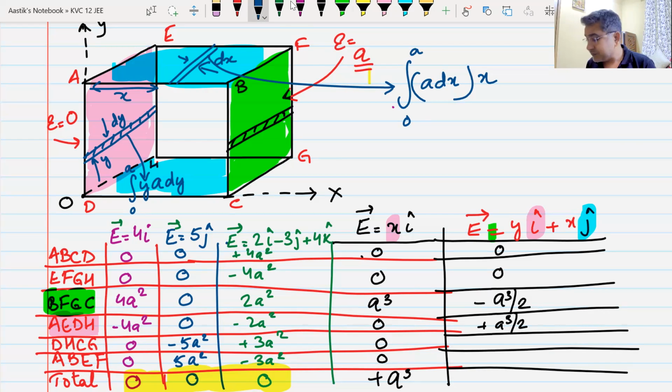But now, one will be positive, the other one will be negative. The upper one is positive, so I write plus a cube by 2 here. This is negative. Coincidentally, my total flux is also coming as 0 because of the way the problem was. Otherwise, the answer would have been different. Do we understand how this is done?